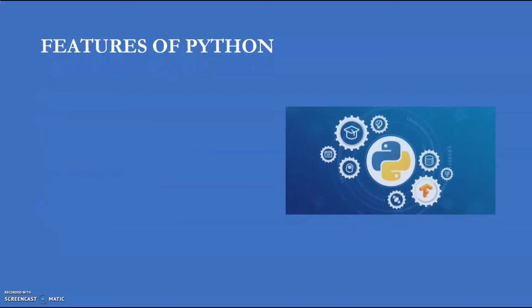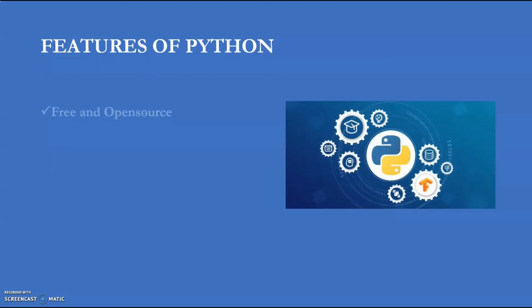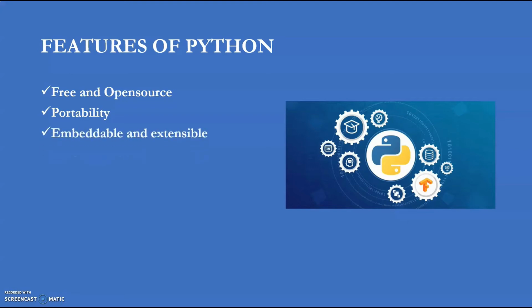Features of Python. The first and foremost feature is free and open source. It's absolutely free, usable, and distributable. Portability. Python may run on different platforms like Unix, Linux, Windows, Mac, etc. Next, embedded and extensible.